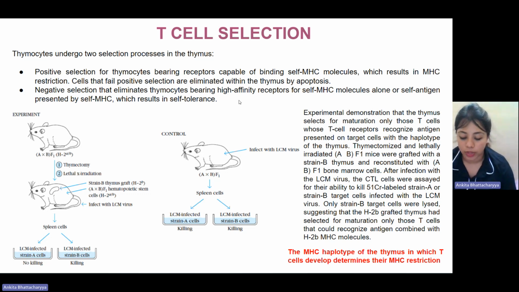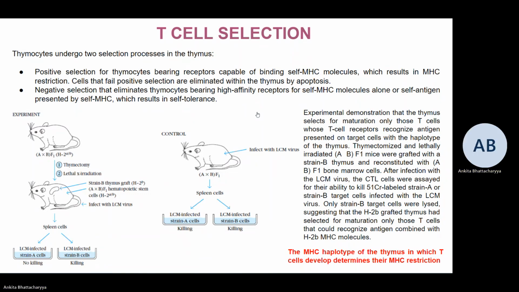Under negative selection, we make sure that any T cell which binds unnecessarily strongly with our own self-MHCs, or in other words, with our own cells, is definitely removed. That means we have a condition where it is tolerant only towards self and is able to maintain that tolerance at a different level. So that's how that entire thing works.